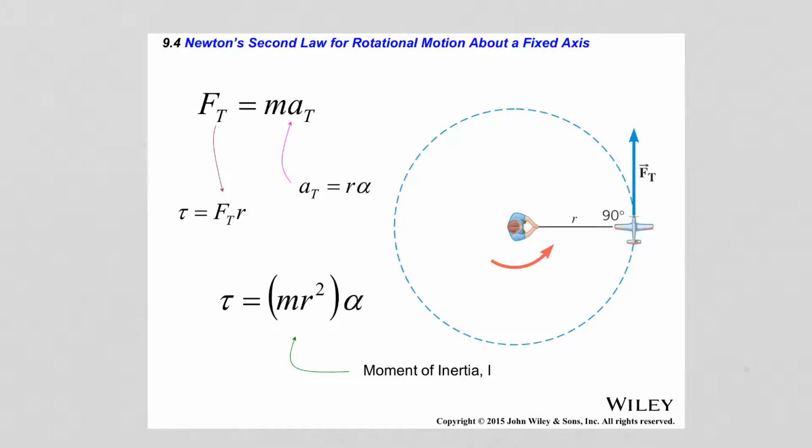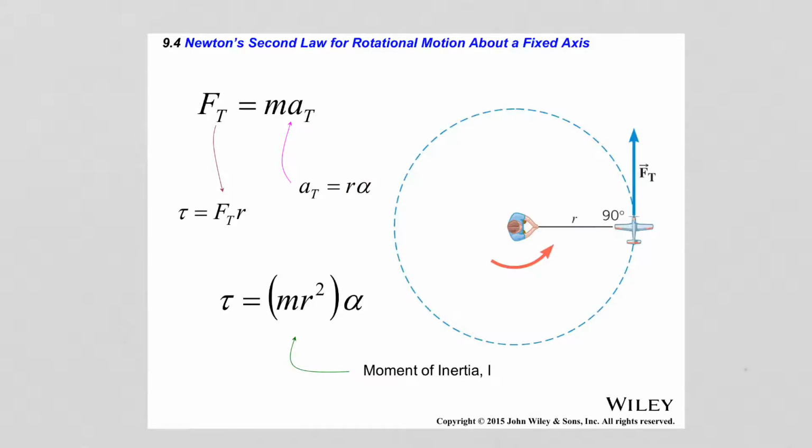So I know that there is a relationship between applied force and torque. This relationship is that the torque is equal to the force times the lever arm. On the other hand, I know that the tangential acceleration for a rotating object is equal to the angular acceleration times the distance from the axis of rotation.